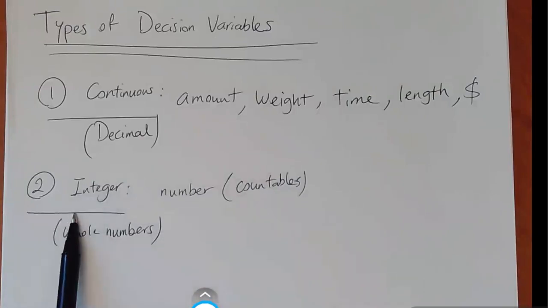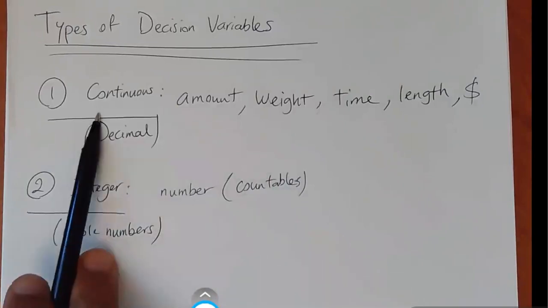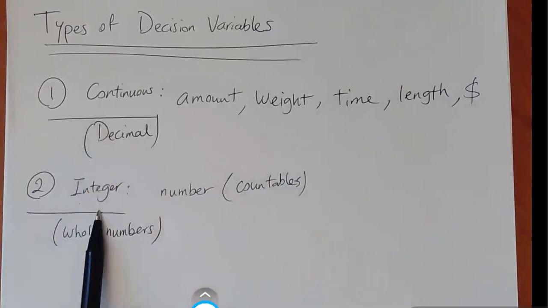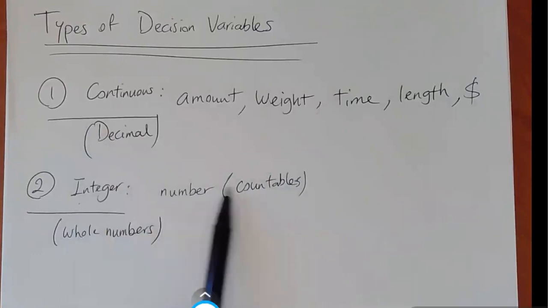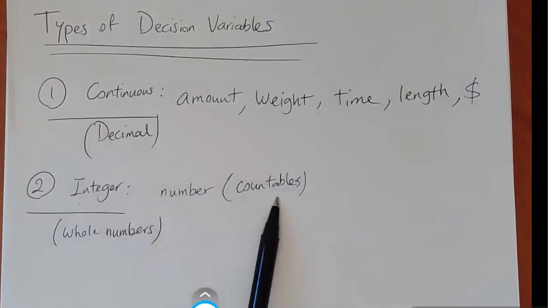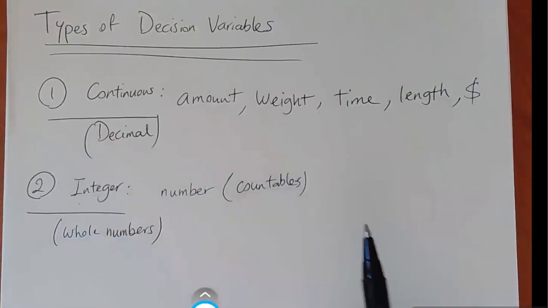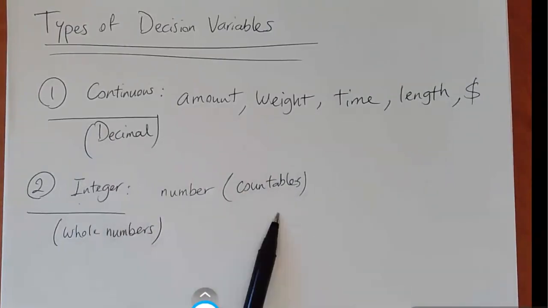But the difference between integer and continuous variables is that integer decision variables are countable, and it matters. There is a significant difference between 1 and 2, and you can't really take on, let's say, 1.5 airplanes, for example. So the number of stuff that matters, right?